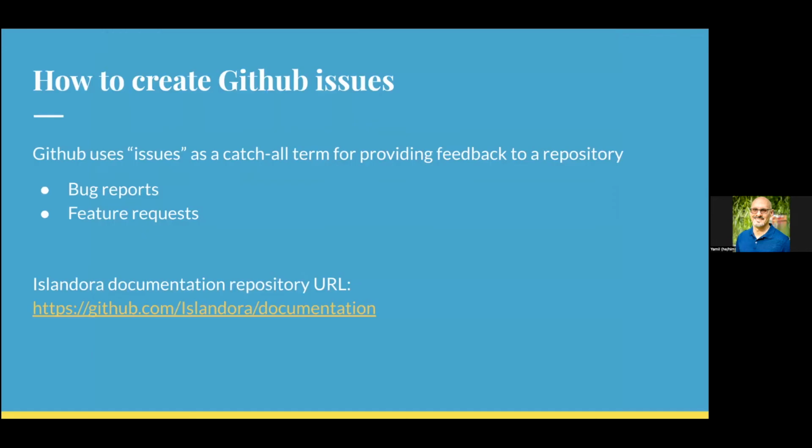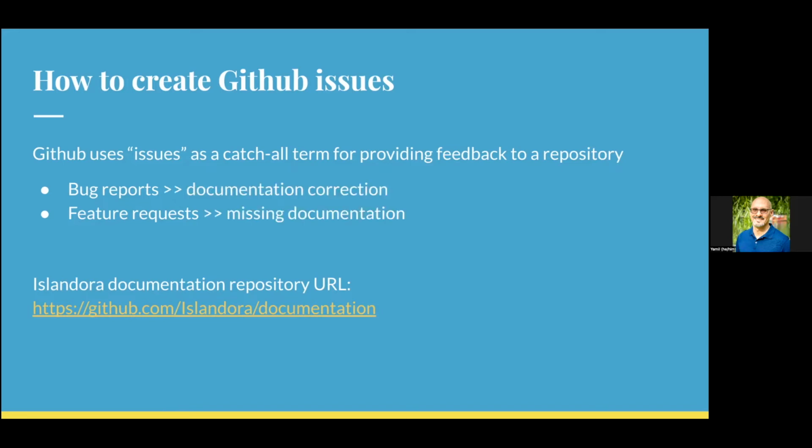Now that you have a GitHub account, one of the things you can do with that account is to report issues. But let's talk about issues, because issues is a catch-all term from GitHub for a mechanism to provide feedback to a repository. Typically, issues are used for bug reports and for feature requests.